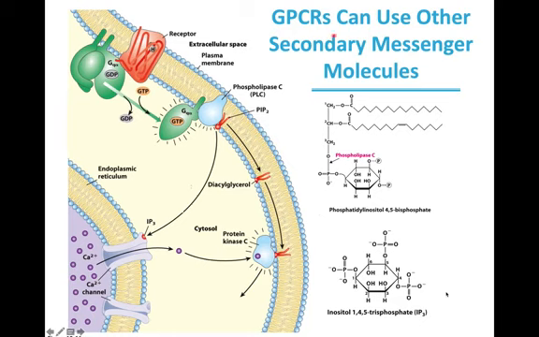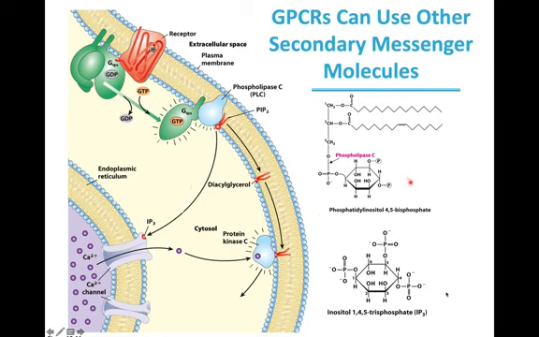There are other G protein coupled receptors that use secondary messenger molecules other than cyclic adenosine monophosphate. A second broad class of G protein coupled receptors are coupled through a G protein to a plasma membrane phospholipase C enzyme. Now, this enzyme catalyzes the cleavage of the membrane phospholipid phosphatidylinositol. The structure is shown here.